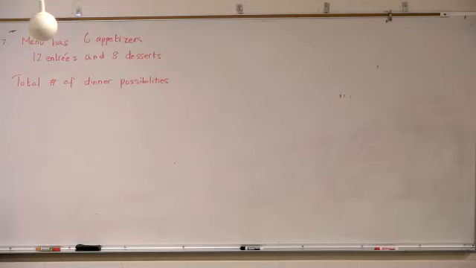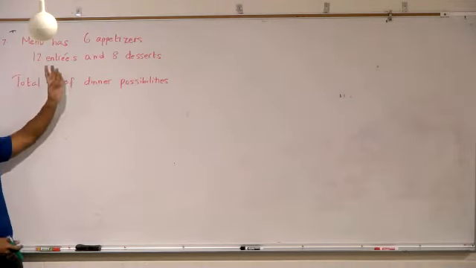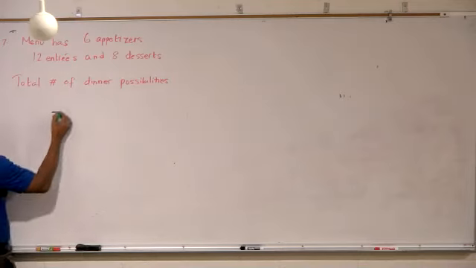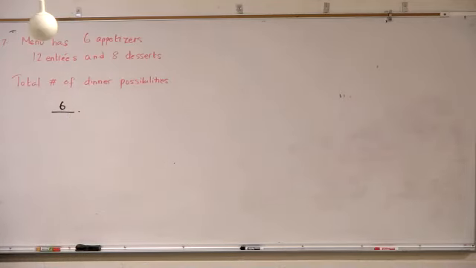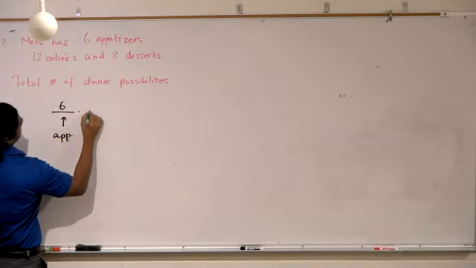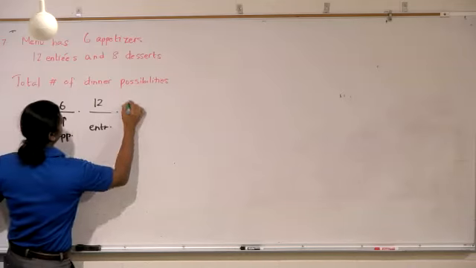So this is a problem on the fundamental rule of counting. Each of them is an experiment: getting appetizers, entrees, and desserts. The first one happens in 6 ways. The second is entrees, so 12 ways, and the last one, 8.